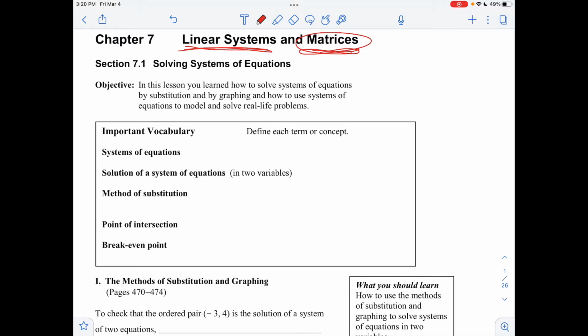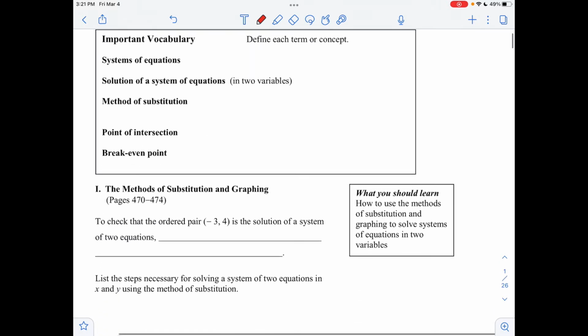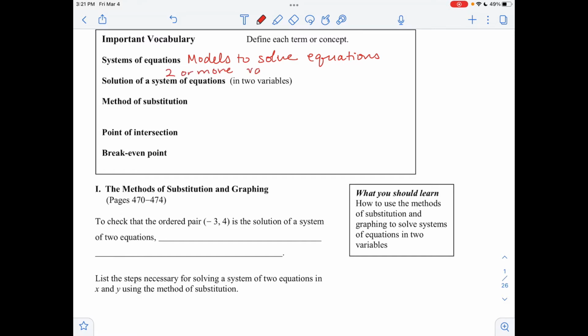Let's jump into this. So today we're talking about solving systems of equations. Some important vocabulary: systems of equations are just models to solve equations that are in two or more variables.